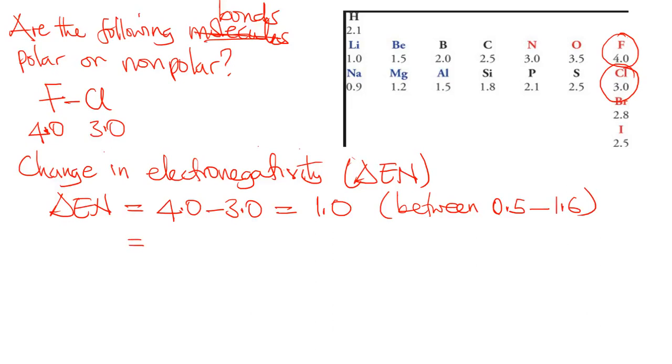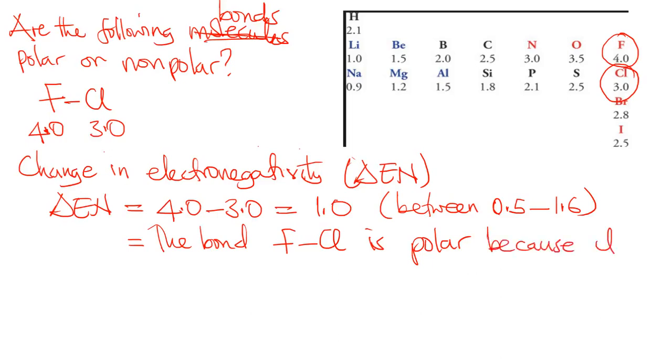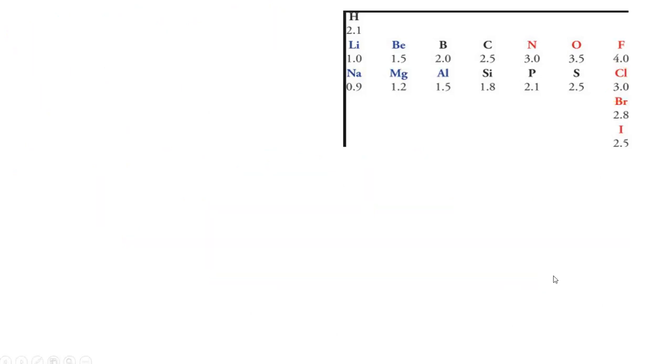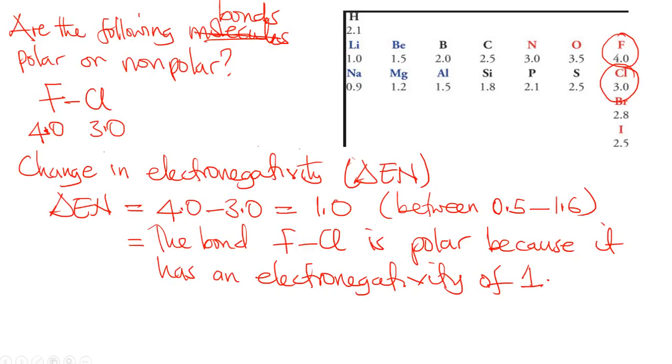Therefore, we are going to comfortably say the bond FCl is polar because it has an electronegativity difference of 1. So that's how you determine a polar bond.